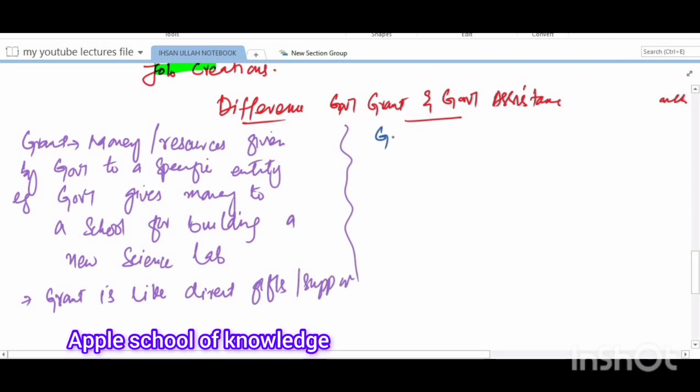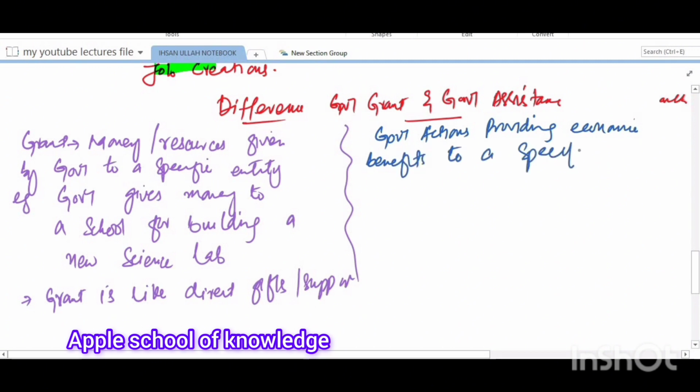So government assistance is government actions providing economic benefits to a specific entity.